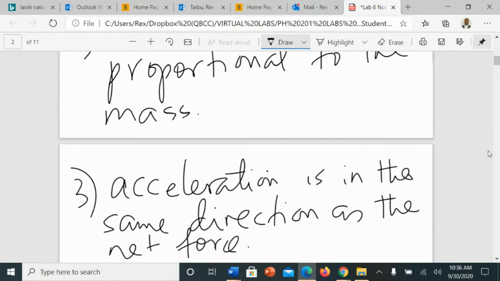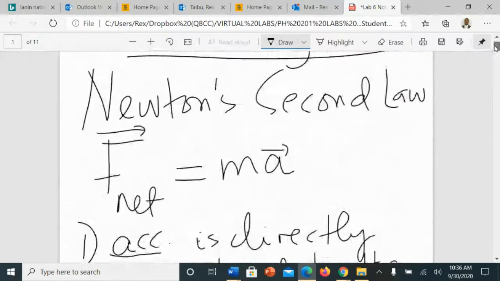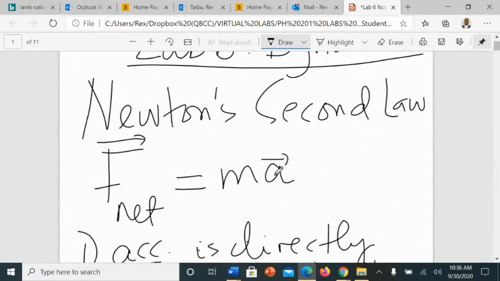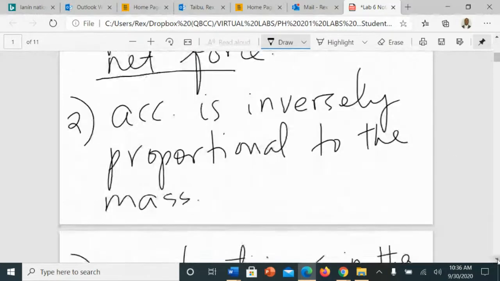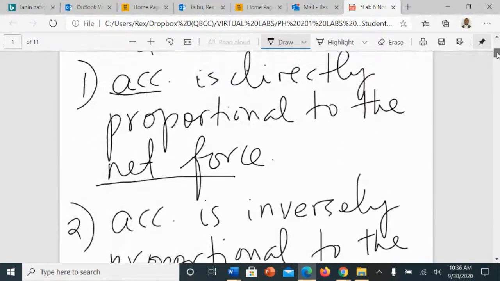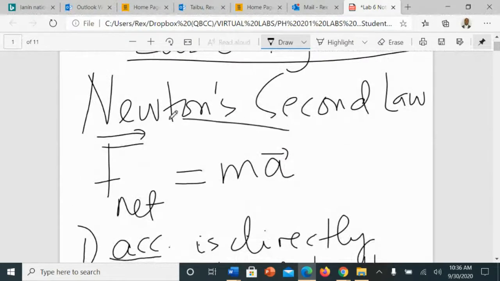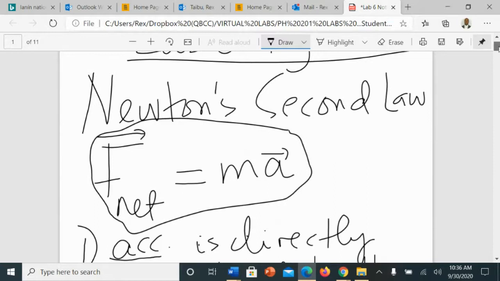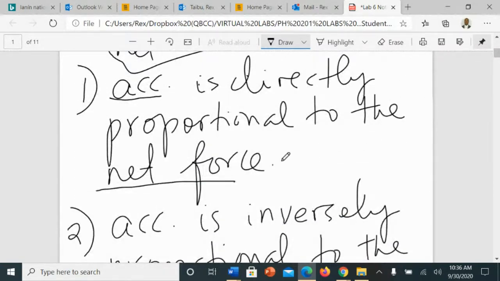Because force and acceleration are vectors, for this equation to be meaningful, the net force and acceleration must be pointing in the same direction. Our job today is to actually verify this equation. Specifically, we are going to verify that acceleration is indeed proportional to the net force.